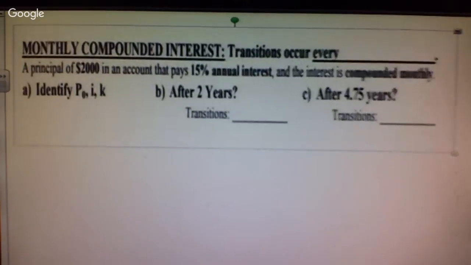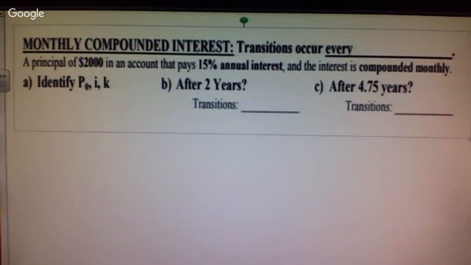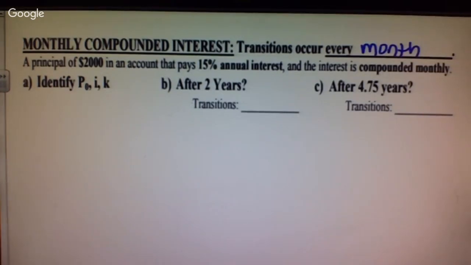Let me do monthly compounded interest. This is going to occur every month. So if it occurs every month, that means how many times a year? 12 times a year. Okay? So if it's happening 12 times a year for 2 years, how many transitions? 24.